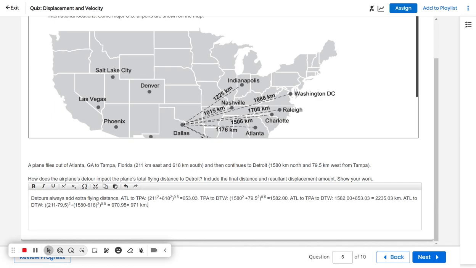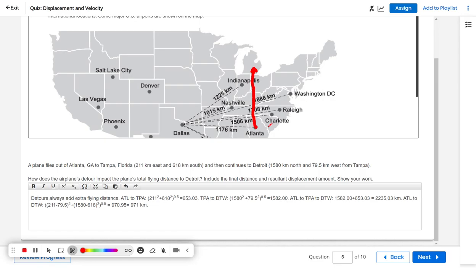I've got this magic pen, let me make this money count. With the resultant, we are picturing going straight to Detroit. I've been to Detroit, so that's easy for me to mark.